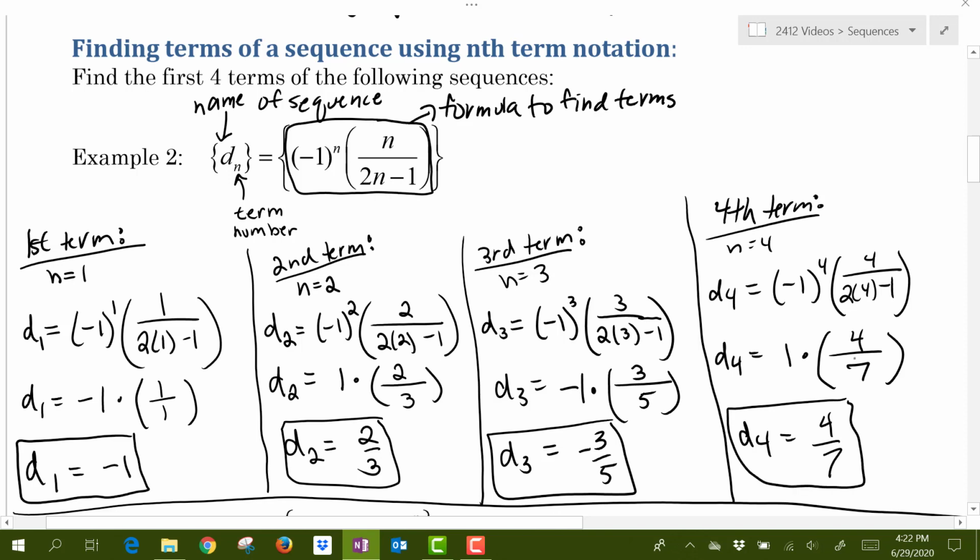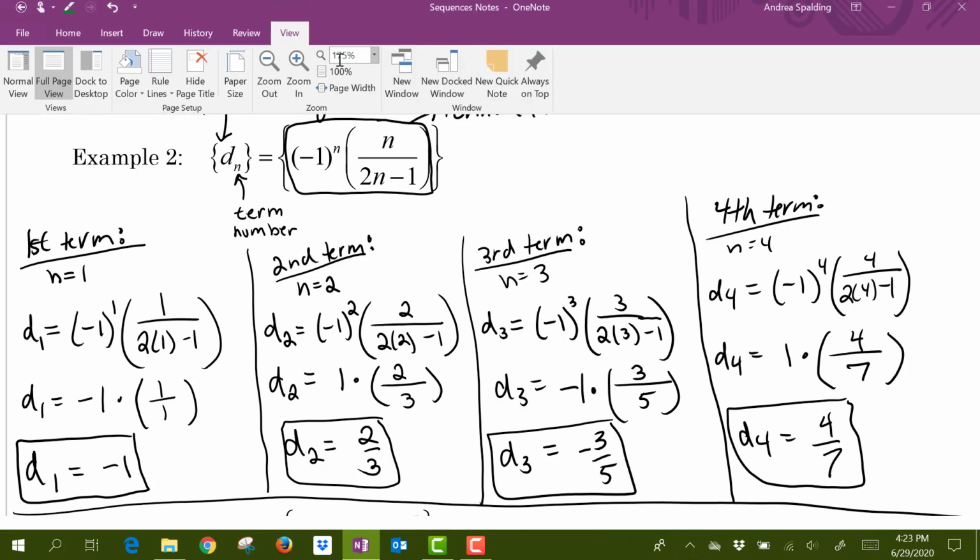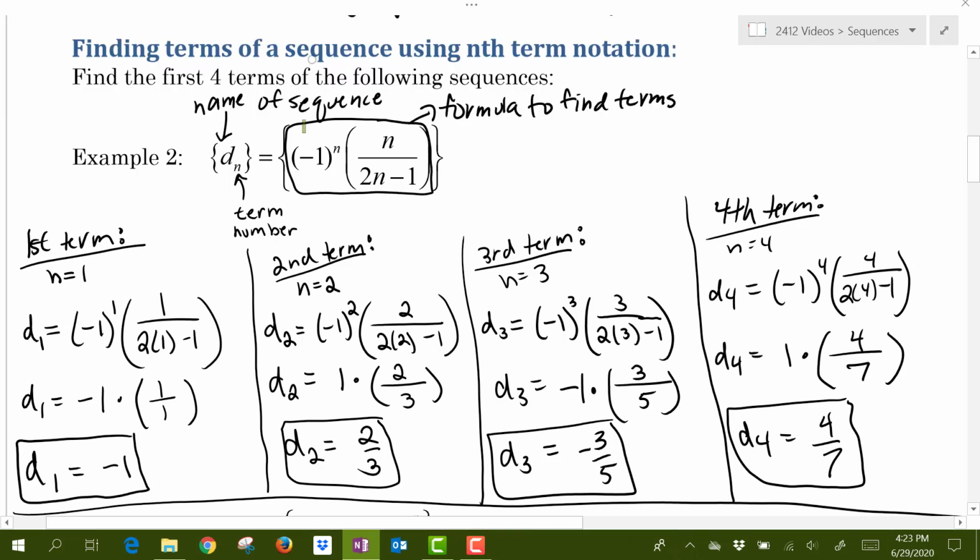Now we could continue on from here, finding the fifth term and the sixth term and so on. But we're only asked to find the first 4 terms, so we'll stop there. I do want to point out something about these terms. You'll notice that the signs alternate.